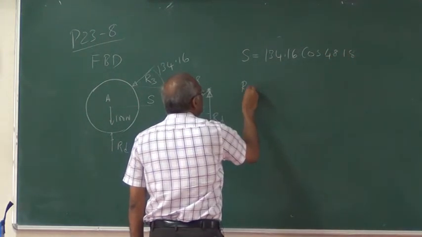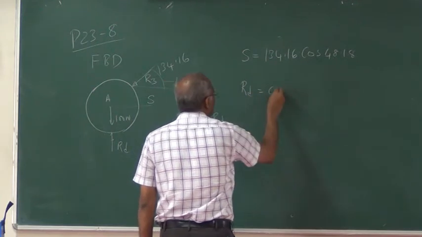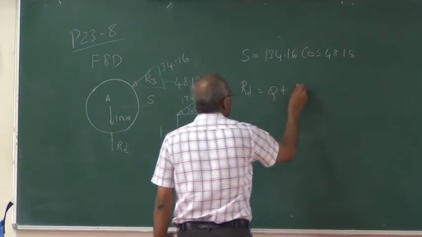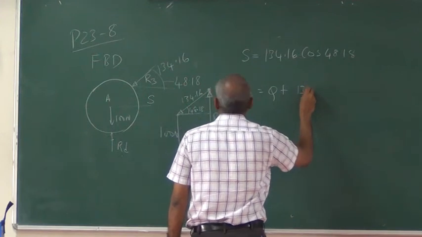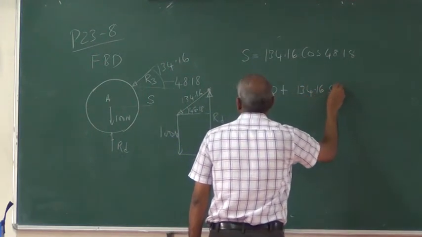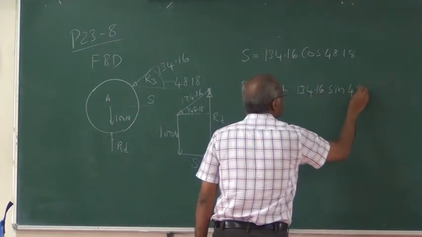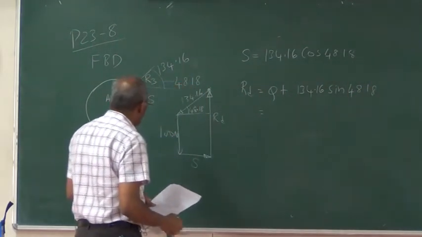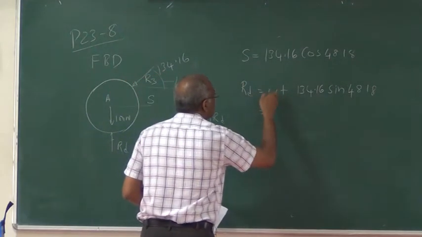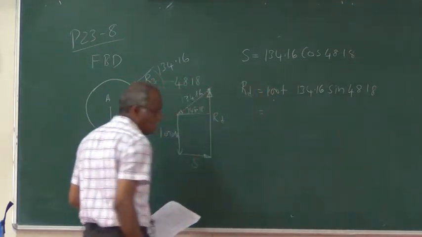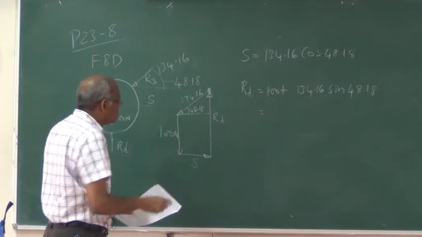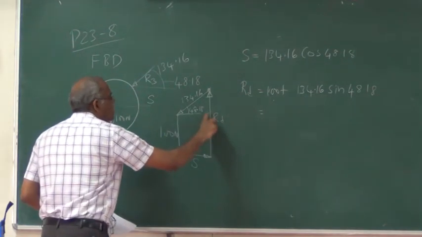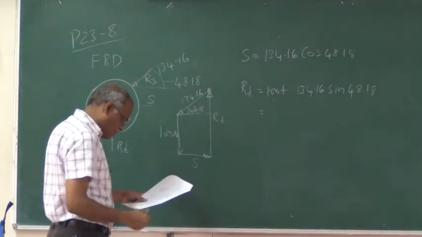Then RD is going to be equal to Q plus 134.16 times sine 48.18. So Q is 100, so RD is 100 plus this amount, that is going to be the sine part of it.